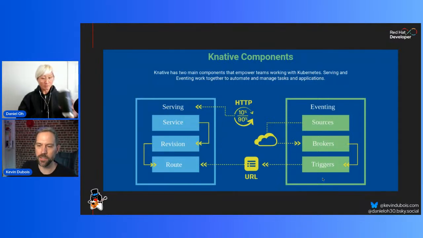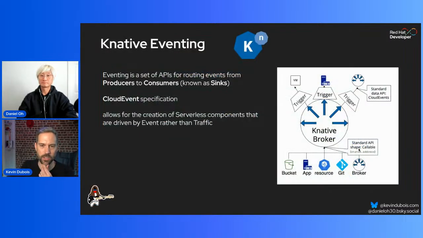But then on the right side, you see the eventing part of Knative as well, with sources, brokers, and triggers. That's a pretty interesting component of this open source project as well. So you can have multiple sources go to a Knative broker, which will then forward those events to different consumers.